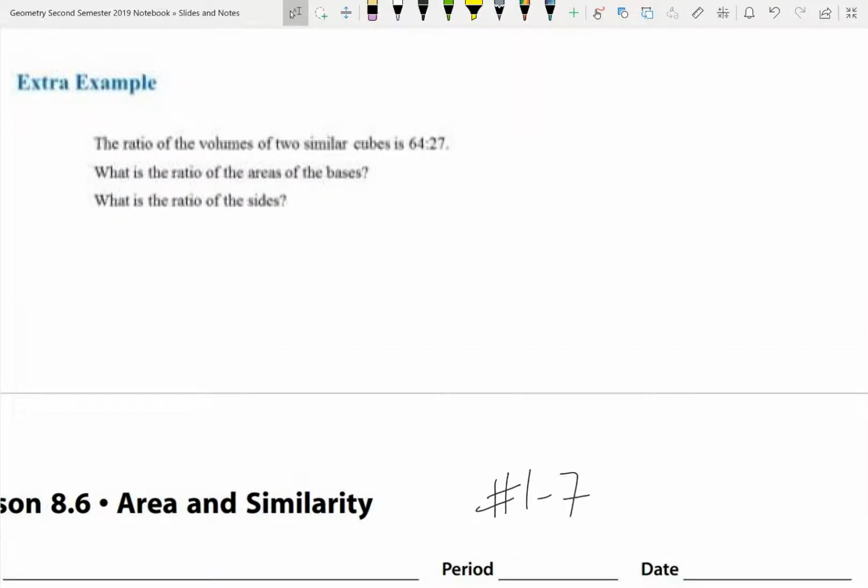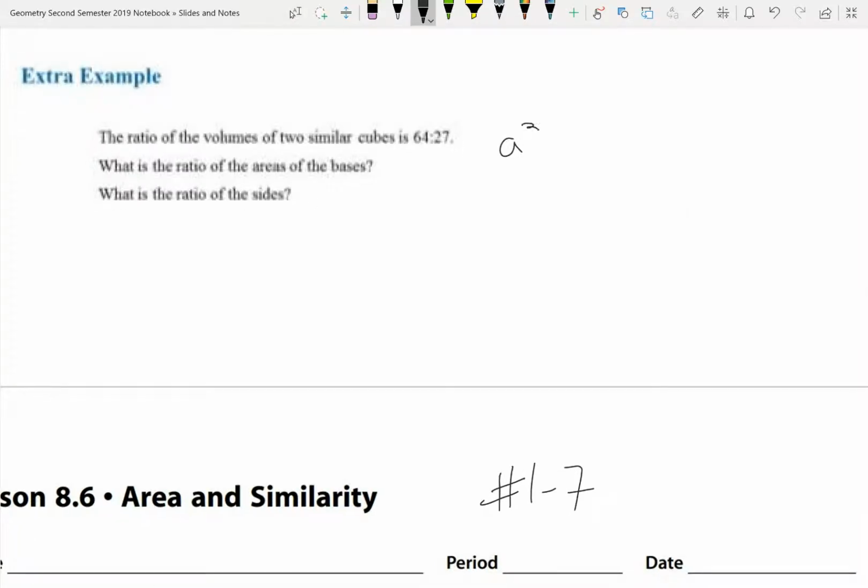So if the ratio of volumes is 64 to 27, then what's the ratio of the areas? Well, volume, again, is the scale factor cubed. Right, so if you have A to B, that's lengths, A squared to B squared is areas, and A cubed to B cubed is volume.